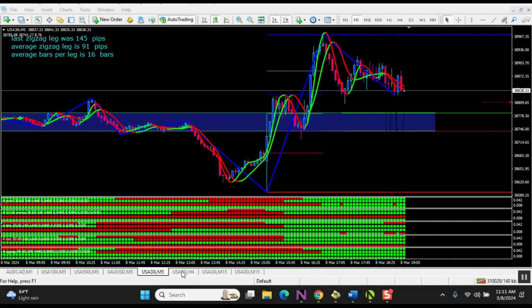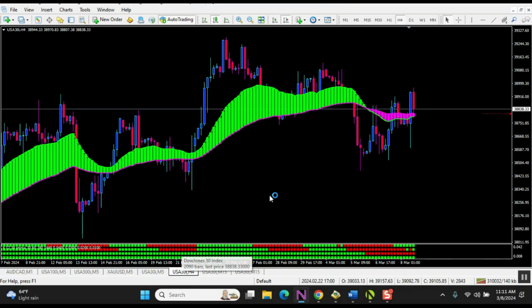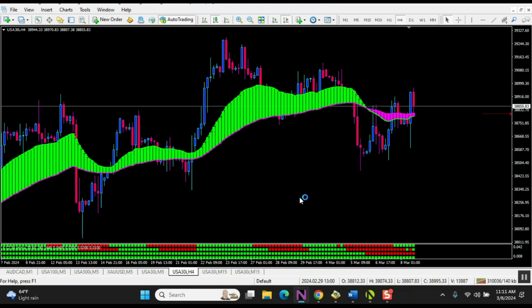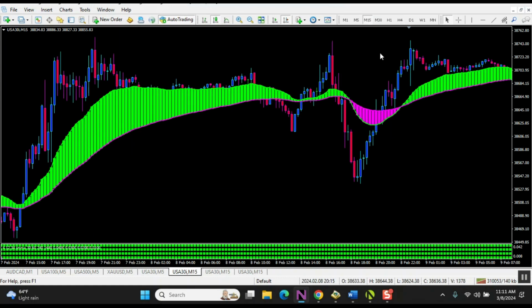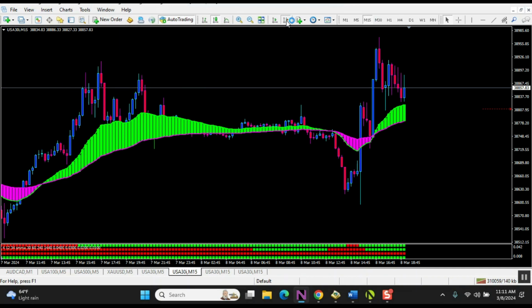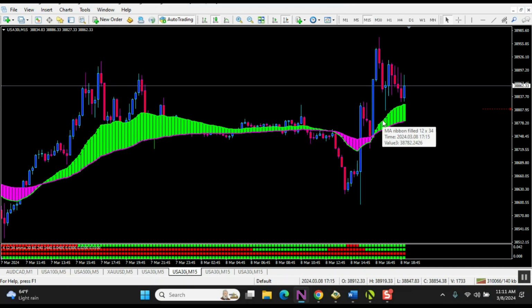Let me go to one here. Okay, I think I just call it the 1434 wave or something. I'm on the 4-hour chart, should be on the 15. What this is doing is nothing more than telling me where the 14 EMA is in relation to the 34.